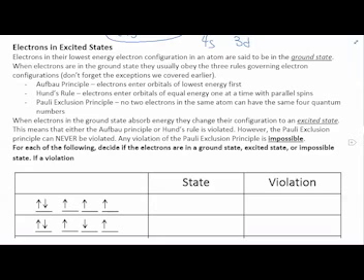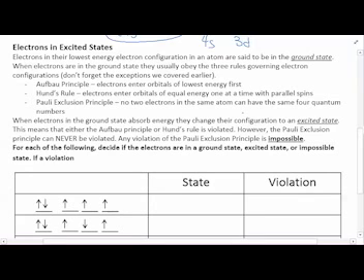So just to reiterate, we have the Aufbau principle, which is that electrons enter the orbitals of lowest energy first. Hund's rule: electrons enter orbitals of equal energy one at a time with parallel spins. And then the Pauli exclusion principle: no 2 electrons in the same atom can have the same 4 quantum numbers. Another way of looking at this is no 2 electrons in the same atom can be in the same orbital spinning in the same direction.